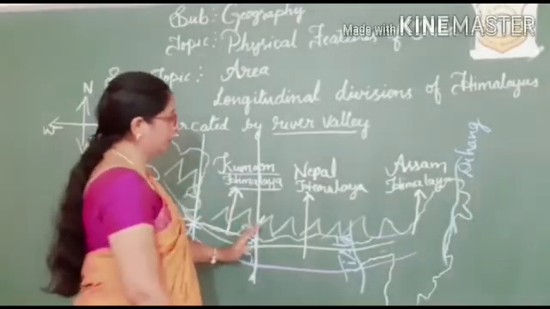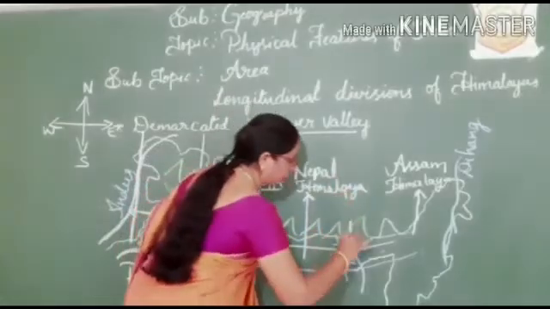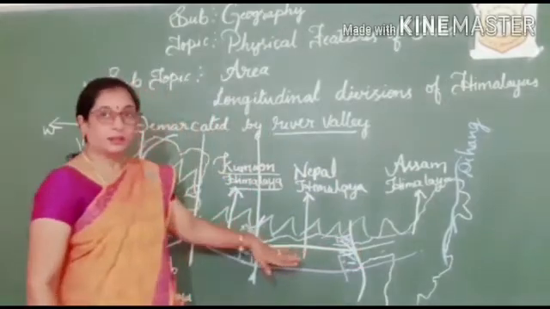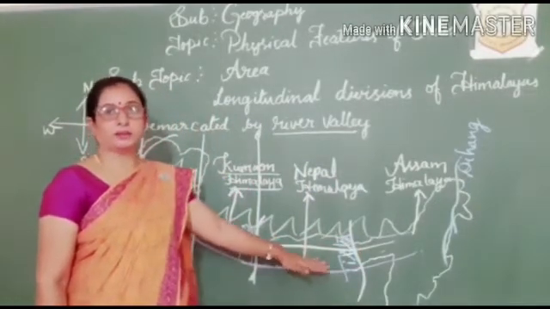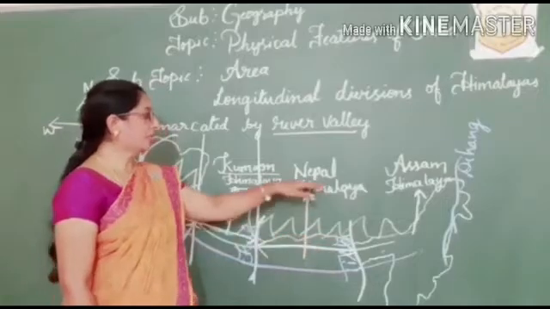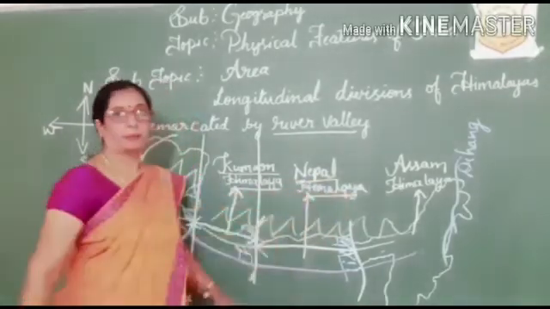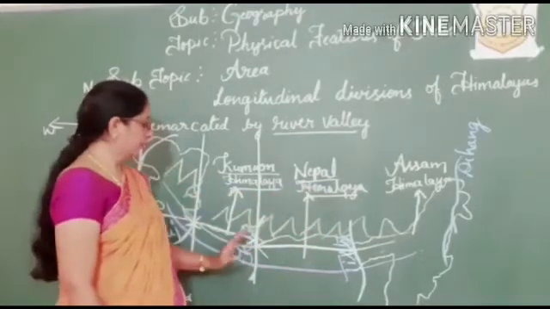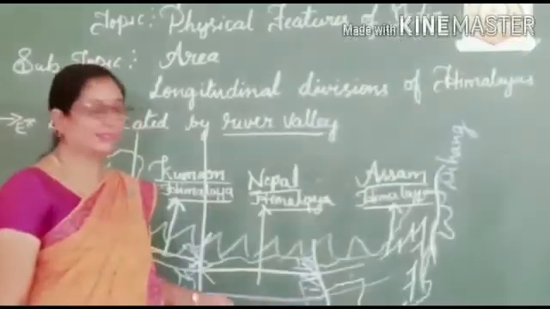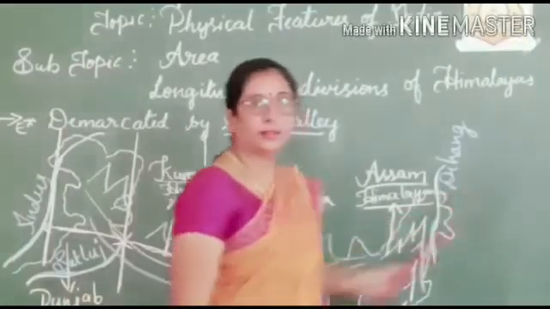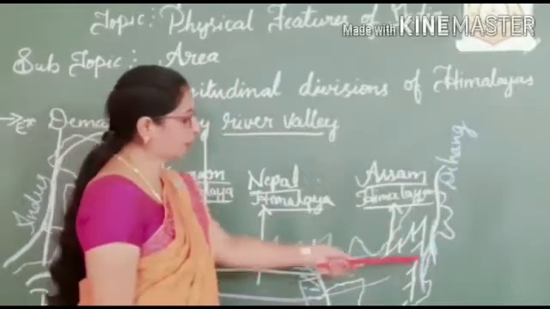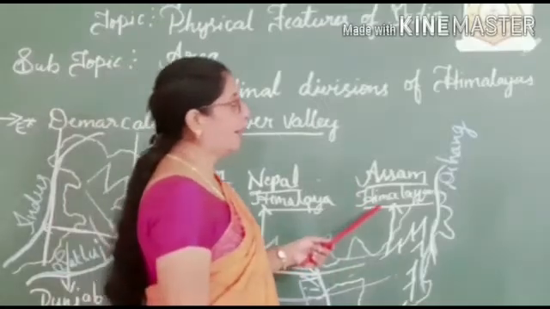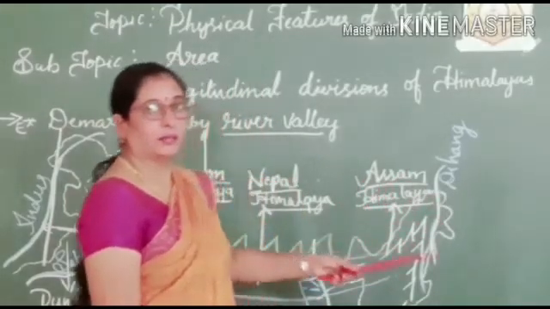And from Kali to Tista river, the Himalayan ranges in this area are called the Nepal Himalaya. Then from Tista to Dihang, the Himalayan ranges present between these 2 rivers are called the Assam Himalaya. Understood, children?